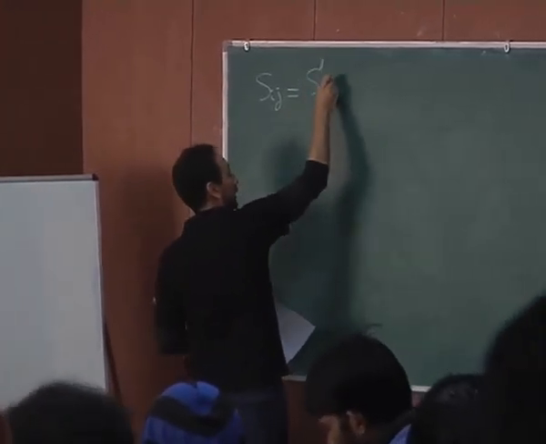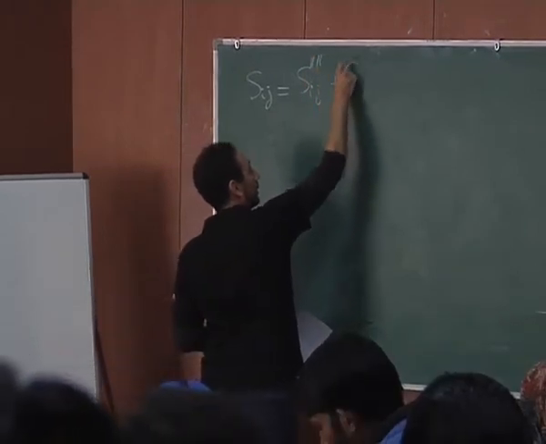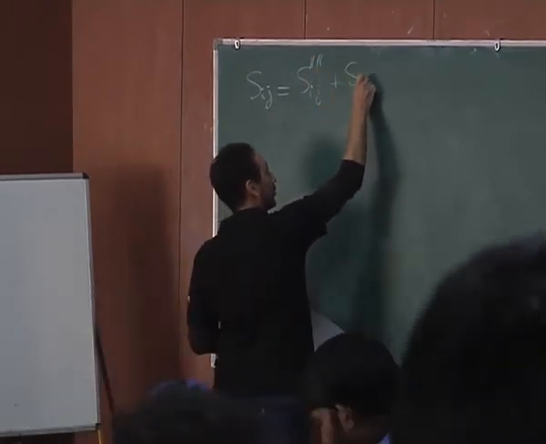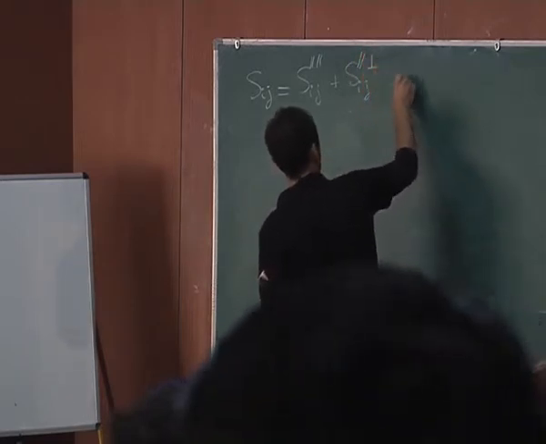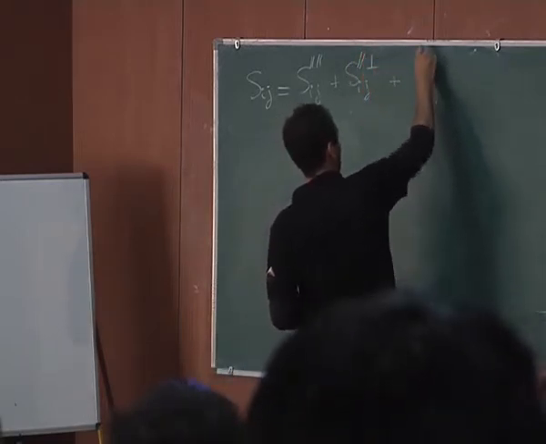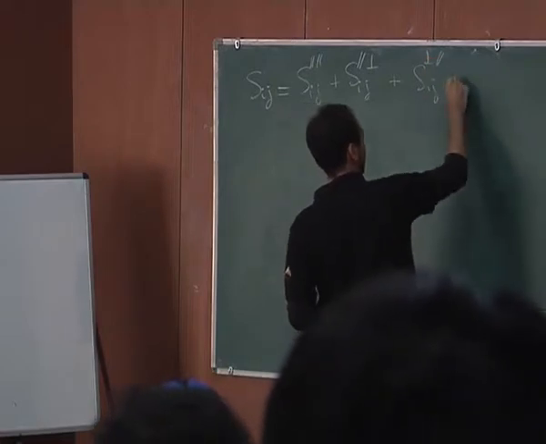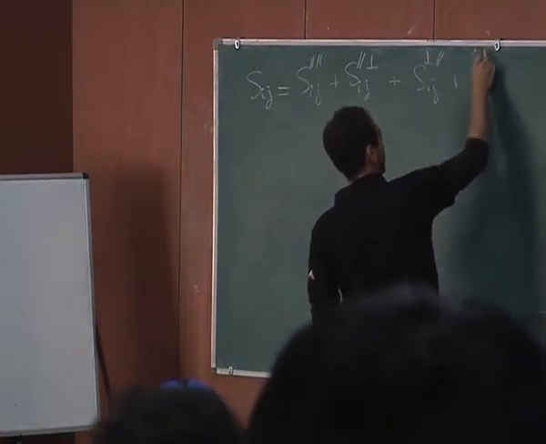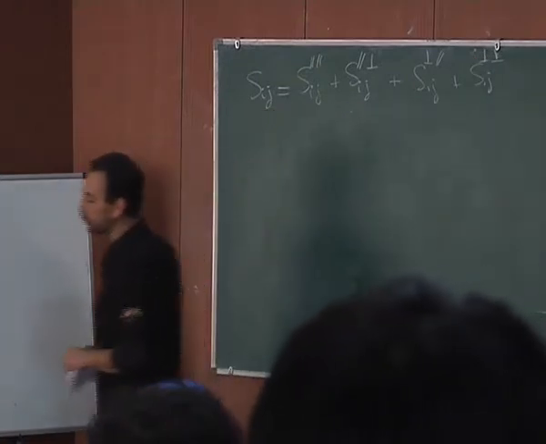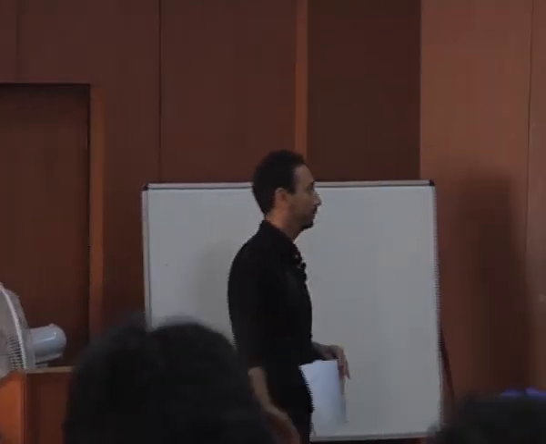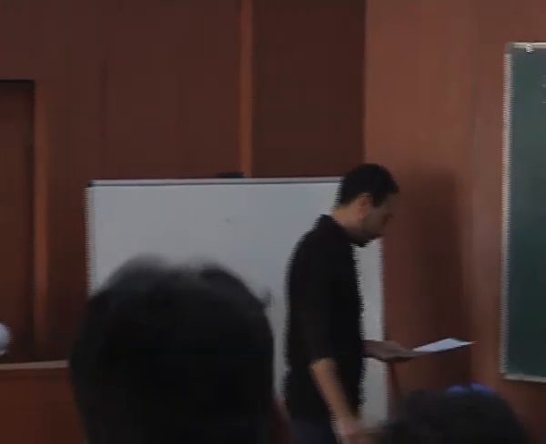I will write it like this, parallel, parallel. Then one is parallel and the other is orthogonal, one is orthogonal and the other is parallel, and one is orthogonal and the other is orthogonal. So you have four terms in this decomposition. Exactly the same logic, but each index you decompose.